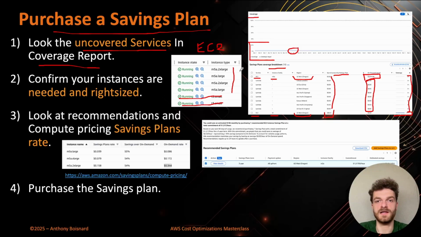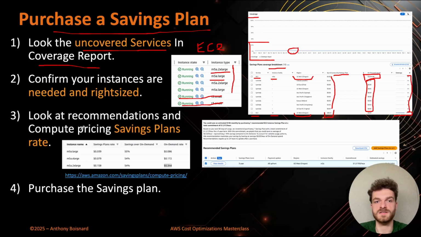And let's say I need those 4 instances for at least 1 year, so I can purchase one savings plan for at least 1 year. And let's say they are all right-sized, meaning I don't need to downsize any of them, for example moving this M5A 2xlarge to another instance size. So let's say I keep all of those sizes.